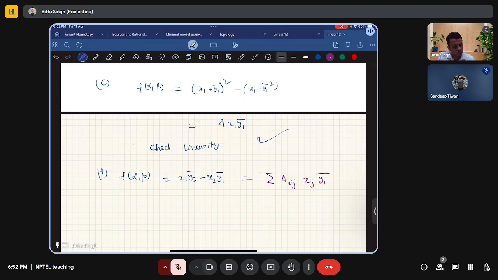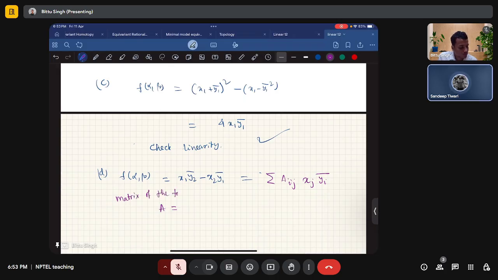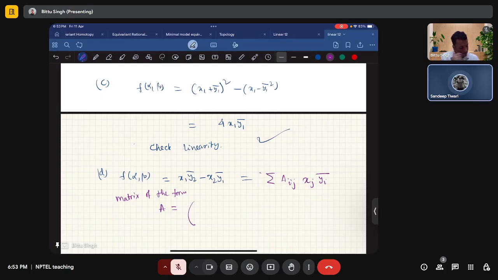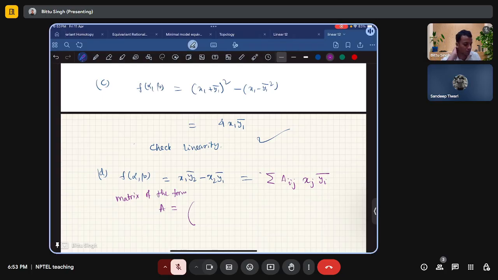Okay, so what will be the matrix representation of this form? Matrix of the form, row wise, 0, 1, minus 1, 0. So there is no 1 1 or 2 2 terms, so those diagonal entries will be 0.